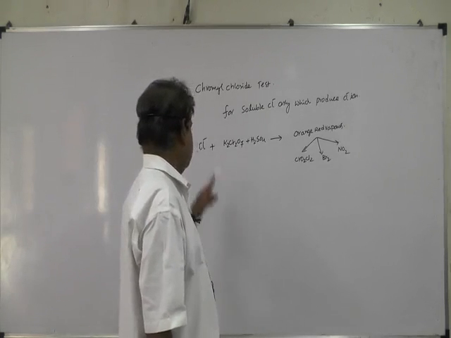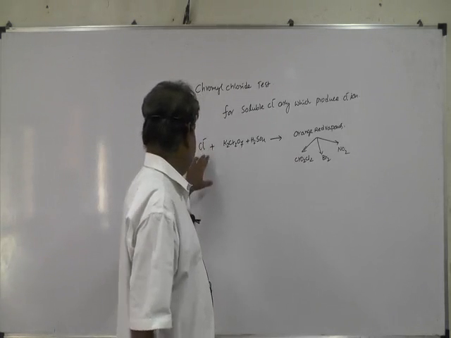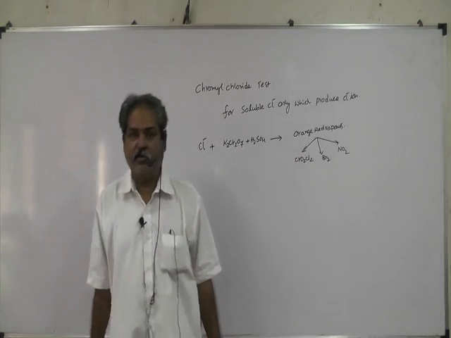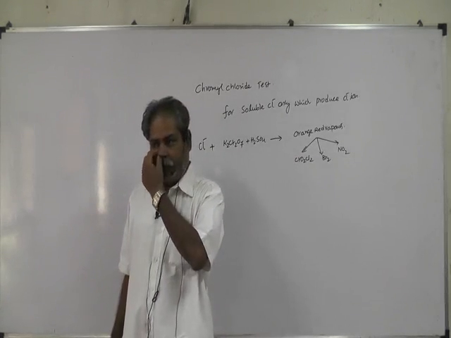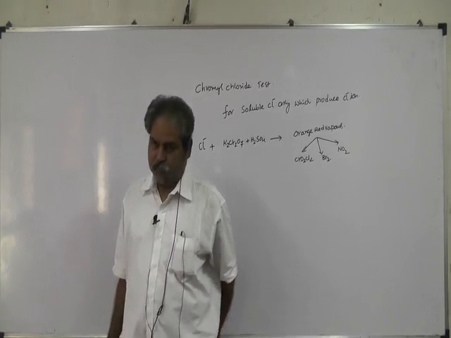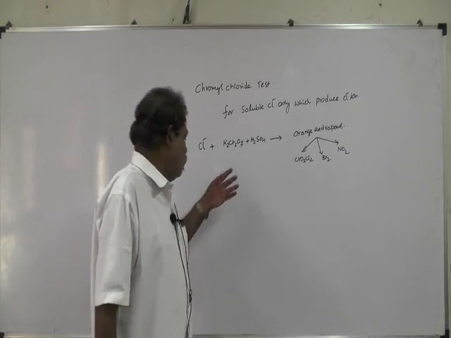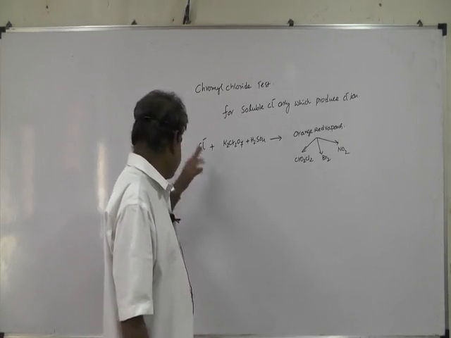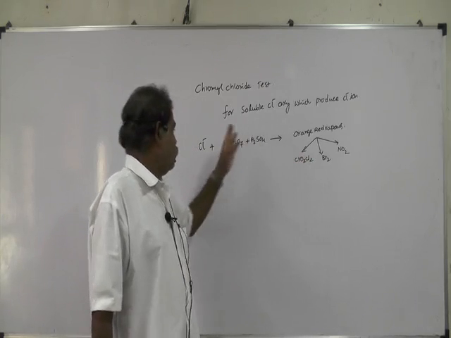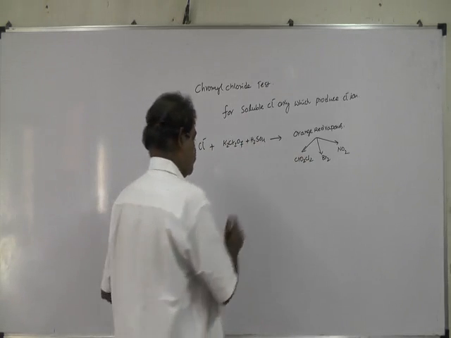Now, in this chromyl chloride, between Cl minus and chromium, who is the oxidizing agent, who is the reducing agent? No one. Why? Because Cl minus are oxidized by only KMnO4 and MnO2, and that's true. Not only that, Cl is -1 here, -1 there. Chromium +6 in both the cases. This is not a redox reaction.